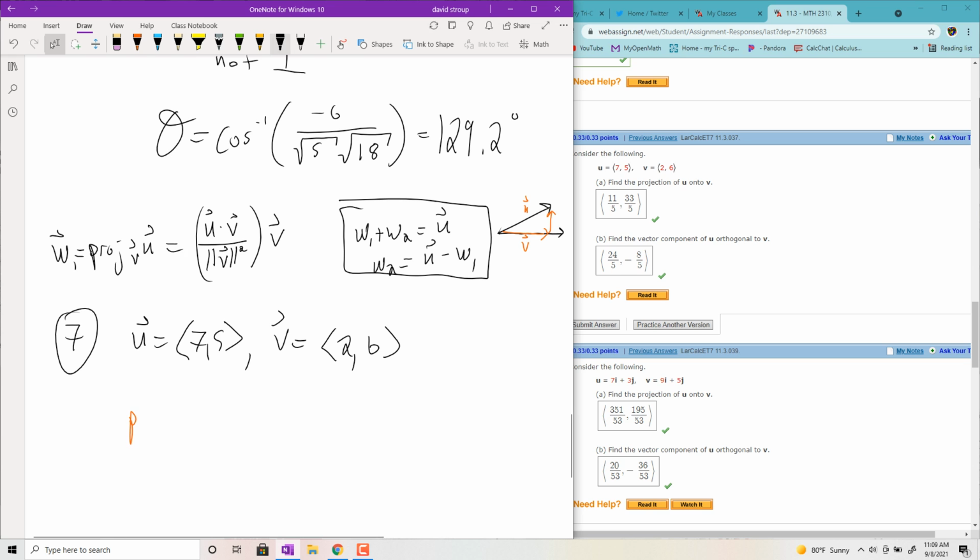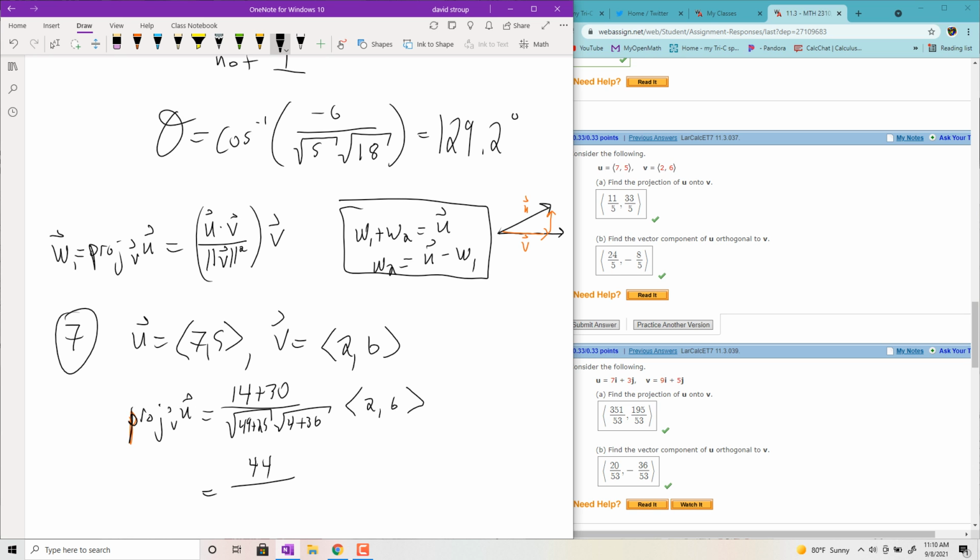So I'll go back to black. Projection of U onto V is, what do we got? 14 plus 30 all over the square root of 49 plus 25 times the square root of 4 plus 36, times the vector 2, 6. So that would be 44 all over some big mess, right?